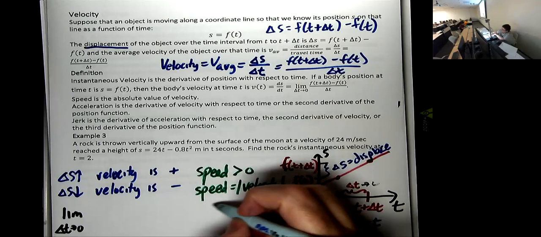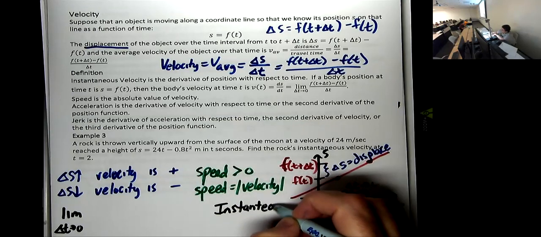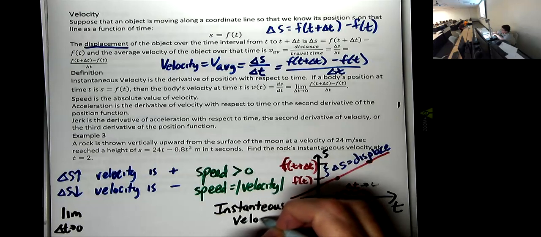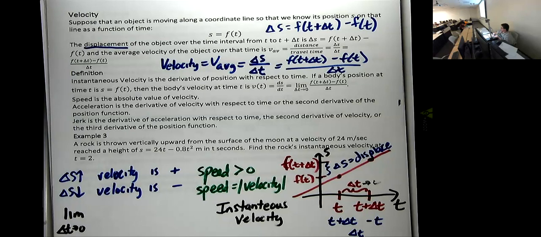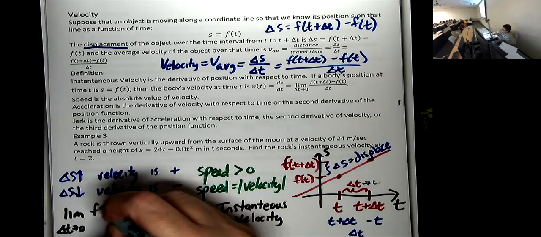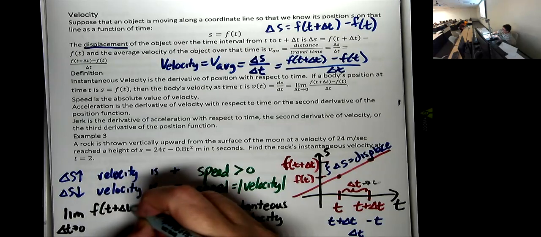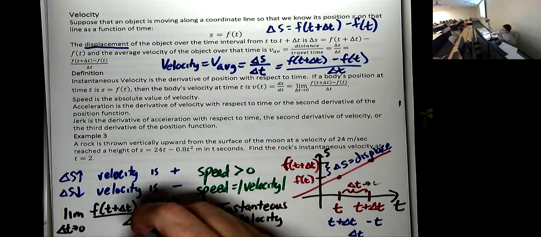This is like instantaneous velocity. Not like an average velocity, but like if you took a snapshot of a car going, it would be the exact speed at the exact time. And that's going to be the limit of f of t plus delta t minus f of t over delta t.